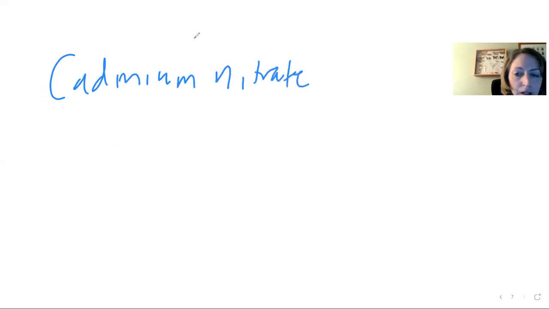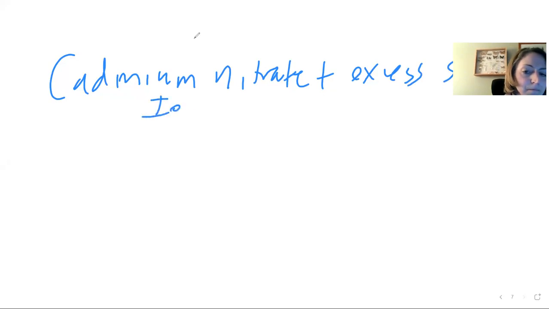How about we had cadmium nitrate with excess sodium chloride, or let's make it sodium iodide. And I would say, write out the complex ion that would be formed.